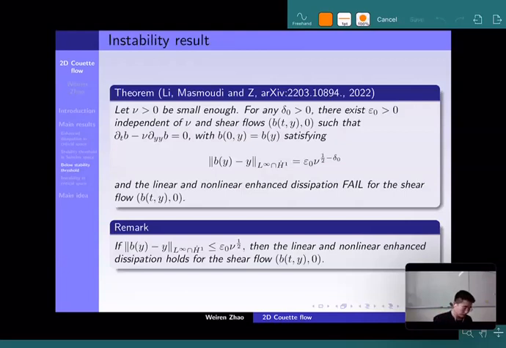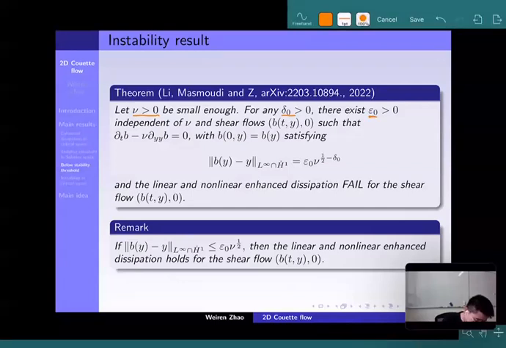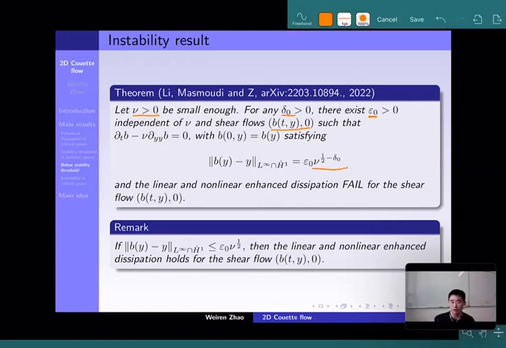This result says that, okay, if nu is small viscosity, then for any delta greater than 0, there exists some small epsilon, and our shear flow is u_s(y), while the size of the difference between this shear flow and the Couette flow is nu to the half minus delta.